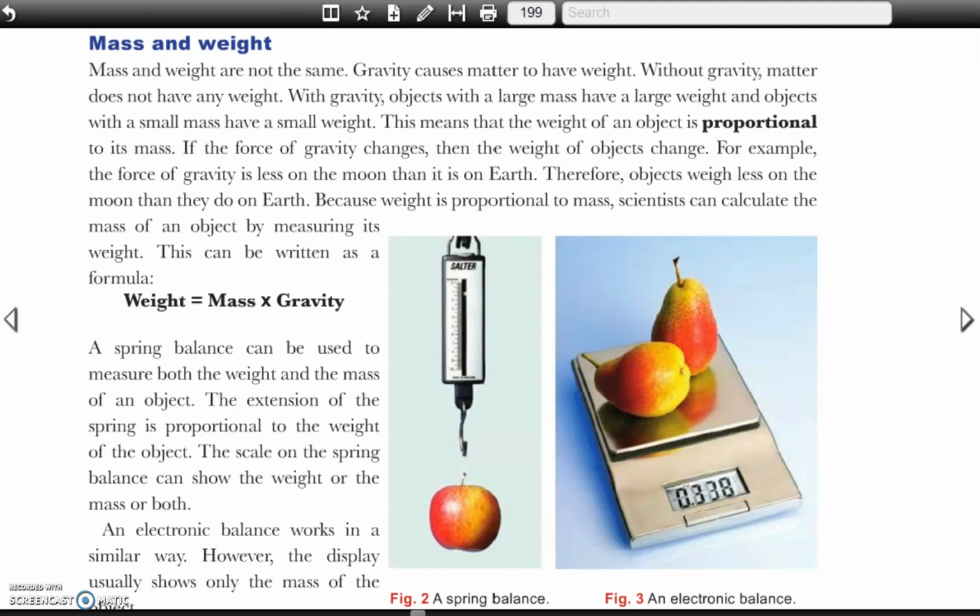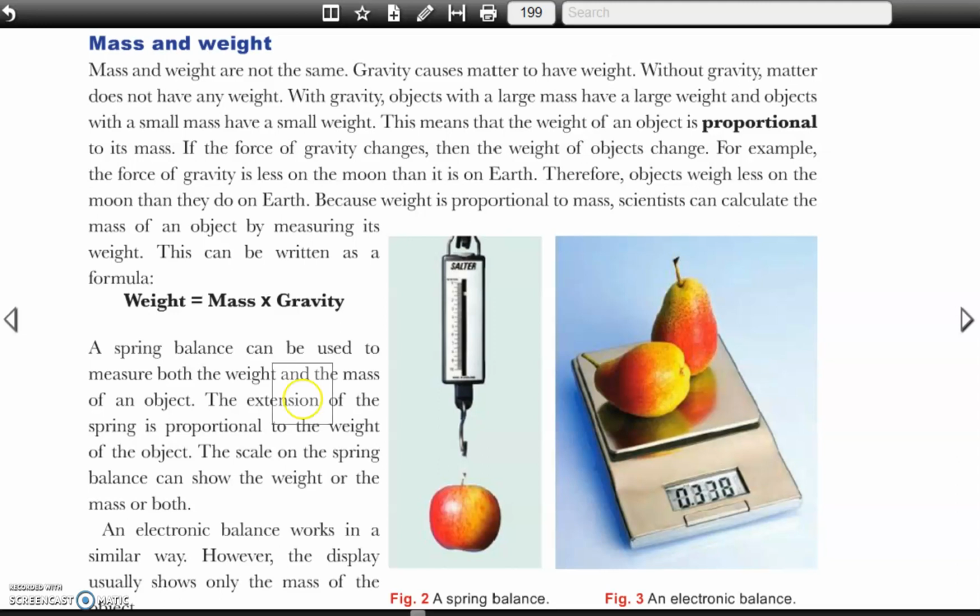So its mass is the same on Earth as it is on the moon. However, its weight is 6 times less because the gravitational pull pulling it towards the surface of the moon is 6 times less as well. So it's very important that we distinguish between mass and weight. And really, you need to be saying mass all the time when you're talking about how heavy something is. It is incorrect to say weight.